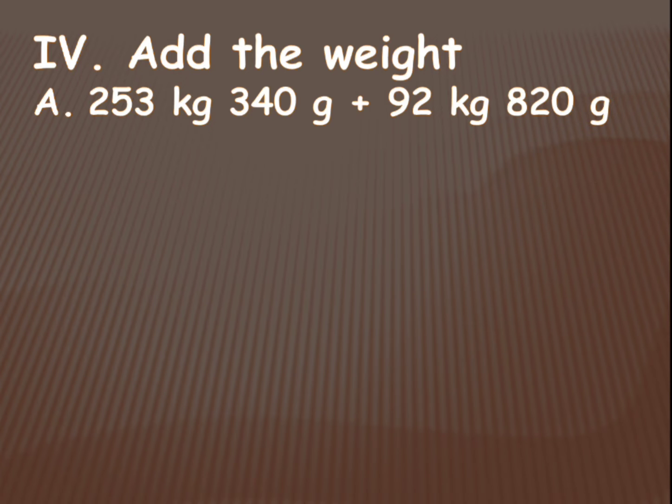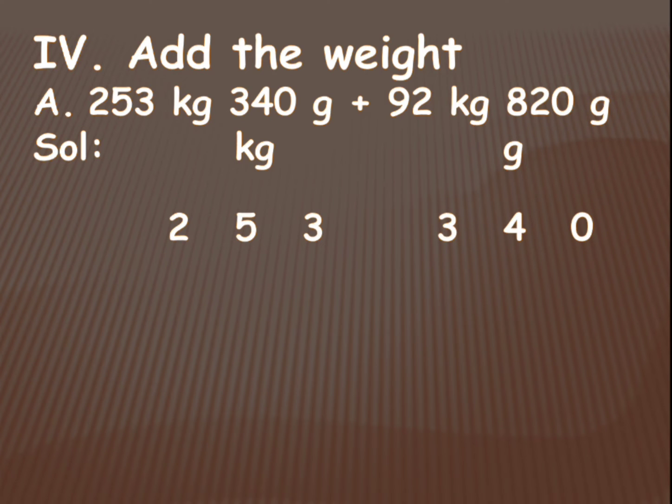So if it is only kgs, you can directly add and write it down, isn't it, children? Kgs 253 plus 92, you will simply add and write. But here they have given in the kgs and grams, isn't it, children? So you have to make columns, kgs and grams. Now 253 kgs should be under kgs, 340 grams will be under grams.